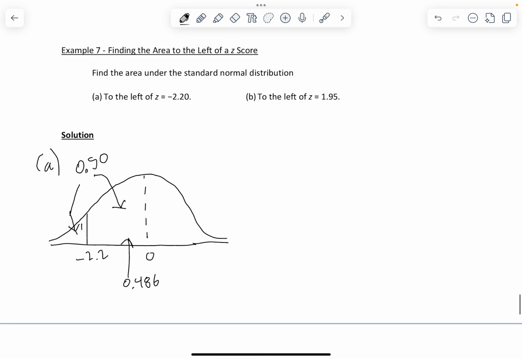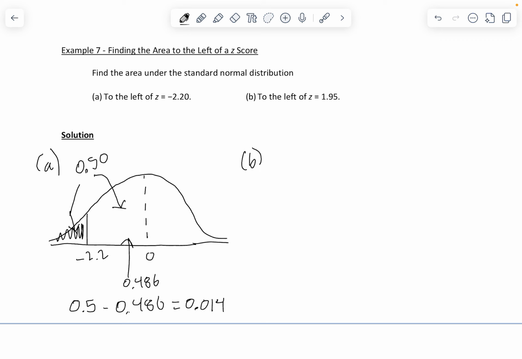So the area to the left, which I will shade, can be found by taking the 0.5 and subtracting 0.486 from it. So 0.5 minus 0.486 equals 0.014.